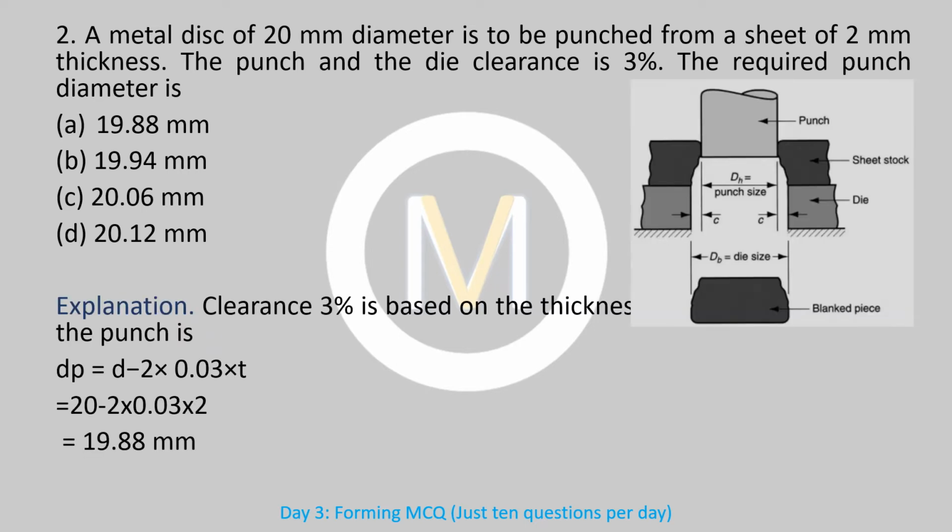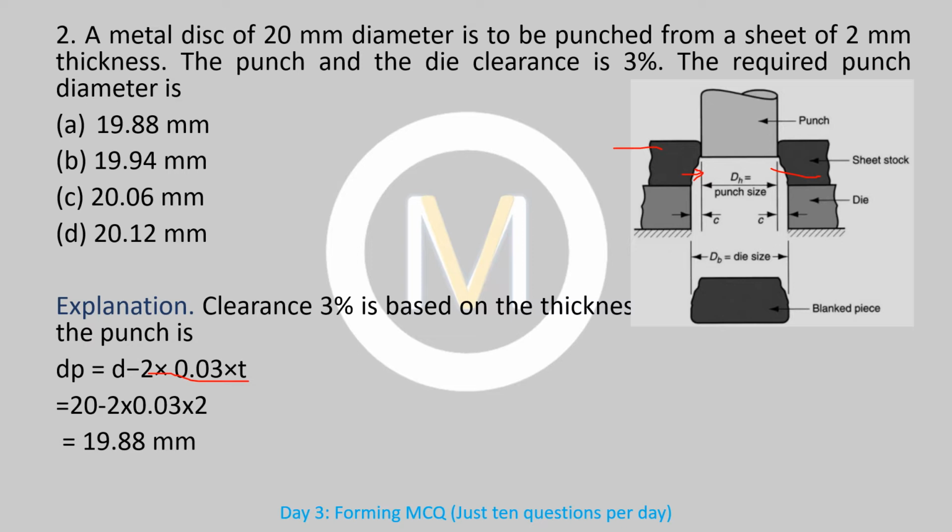So the clearance should be given in the punch and not in the sheet. The sheet hole should be of the required diameter. So our important part is the sheet and the clearance will be given in the punch. So the punch diameter will be subtracted by the clearance.